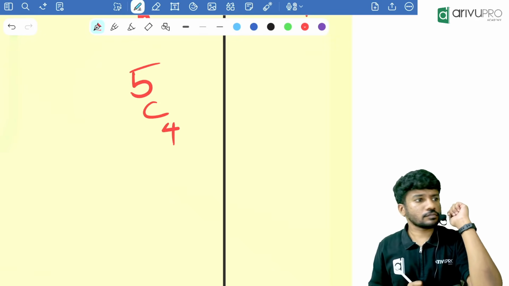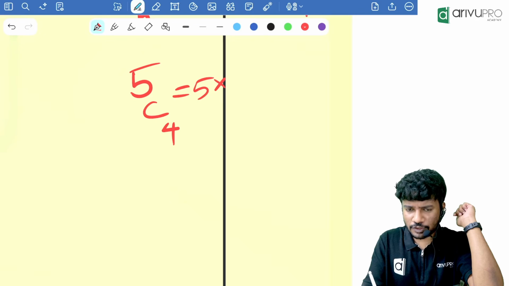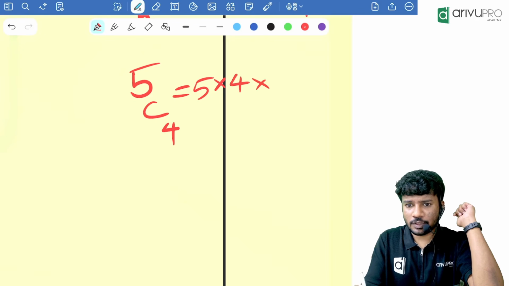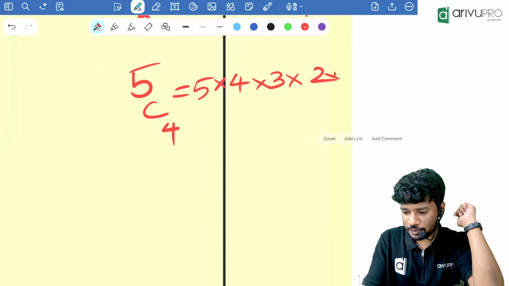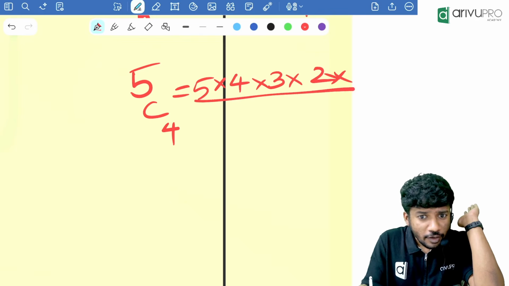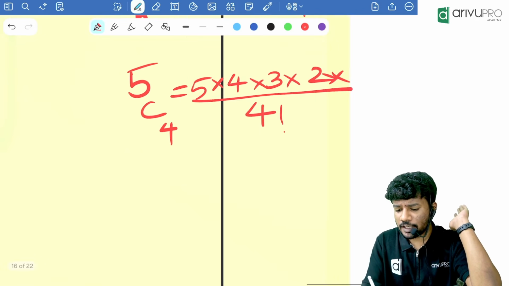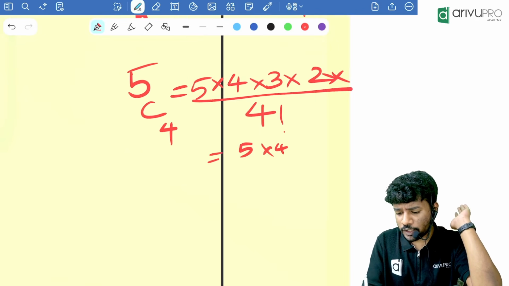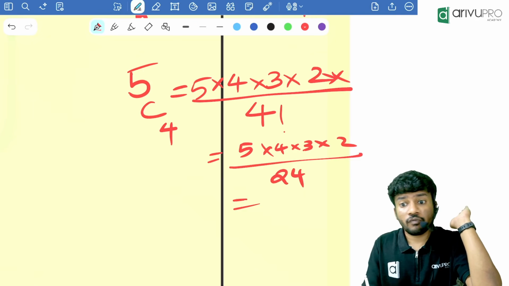5C4. How much is 5C4? You will write it as 5 into 4 into 3 into 2, that much only, right? Divided by 4 factorial. How much is the value of this? 5 into 4 into 3 into 2 divided by 24 is how much? 5.